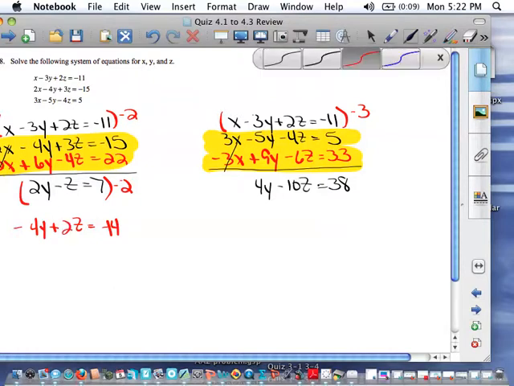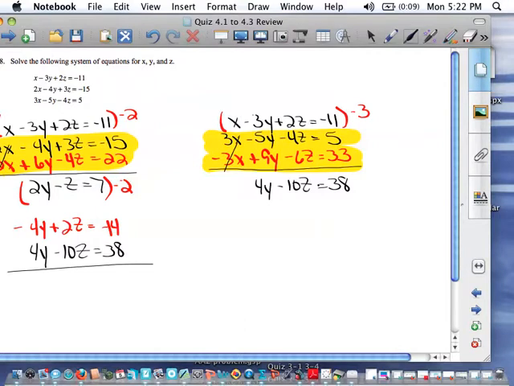Okay, so now I'll take the second equation, 4y minus 10z equals 38, and I'll add these together. The y's will cancel. I'll get negative 8z is equal to 24, so z is equal to negative 3. There's my first value.